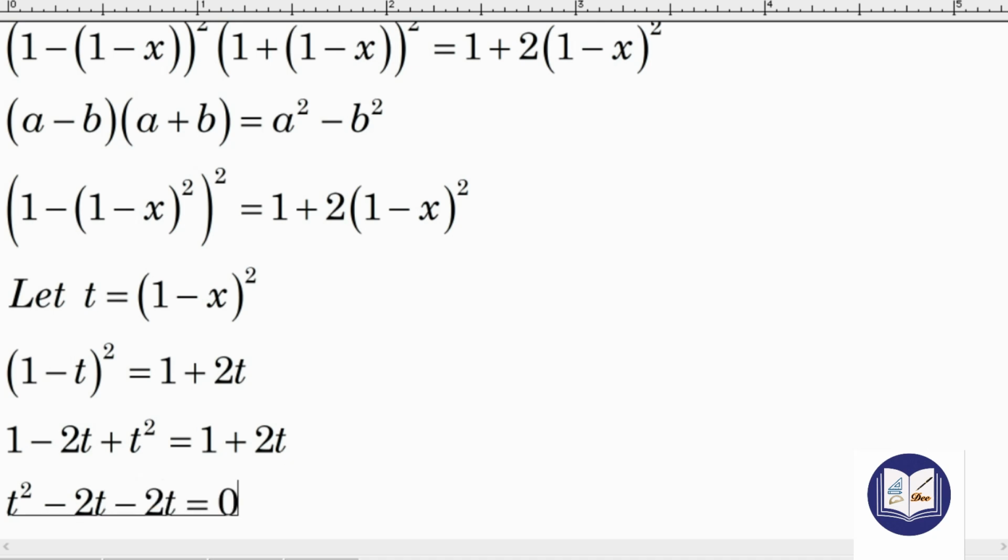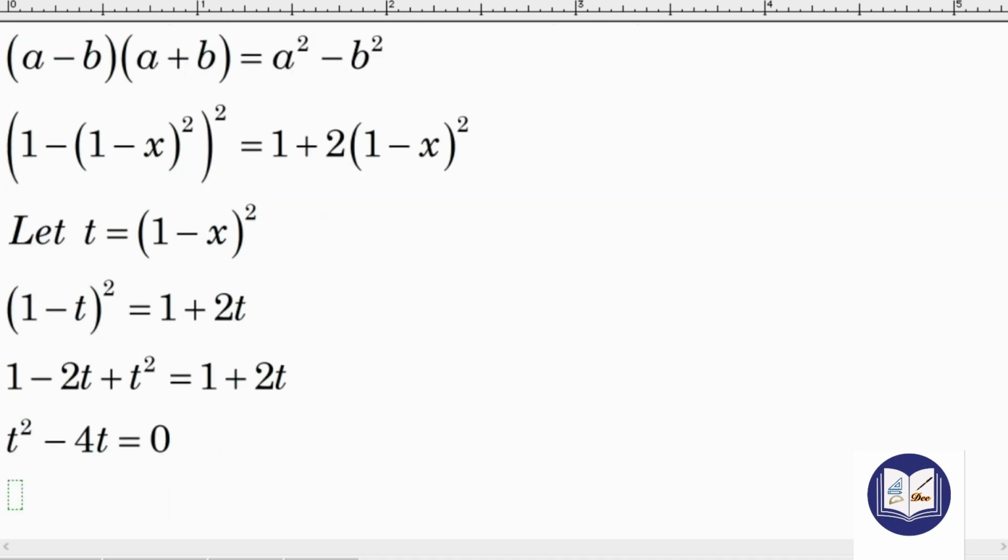So we got t squared minus 2t minus 2t, which is equal to minus 4t. All right, so we can factor t, and then we get t times (t minus 4) equal to 0.